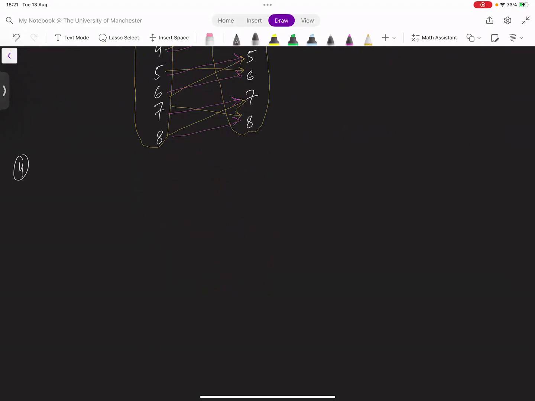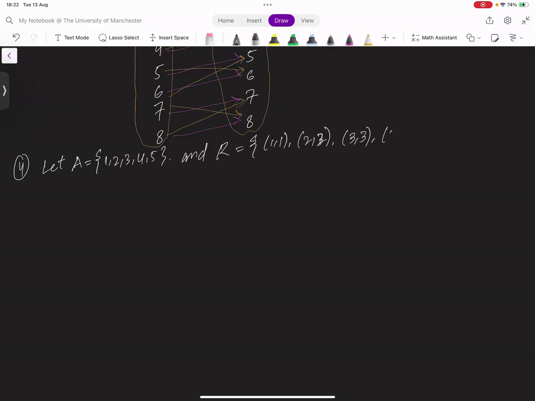Number 4 would be: we have a set A, 1, 2, 3, 4, 5, and we have a relation (1,1), (2,2), (3,3), (4,4), (5,5), and then (1,2), (2,1), (4,5), (5,4).